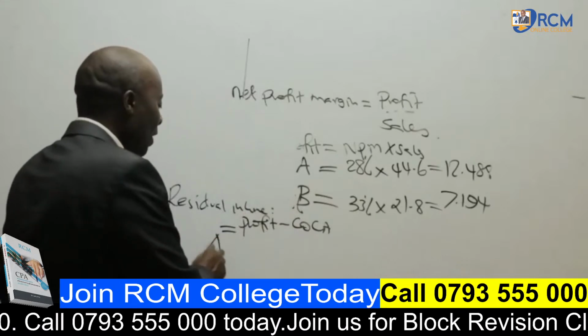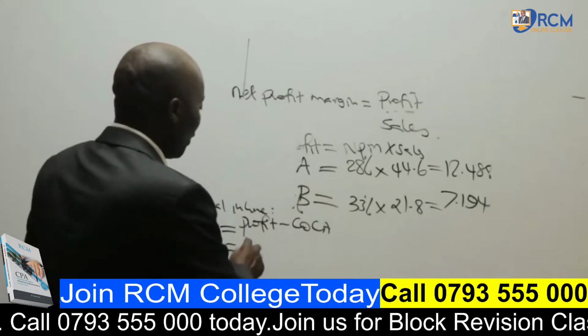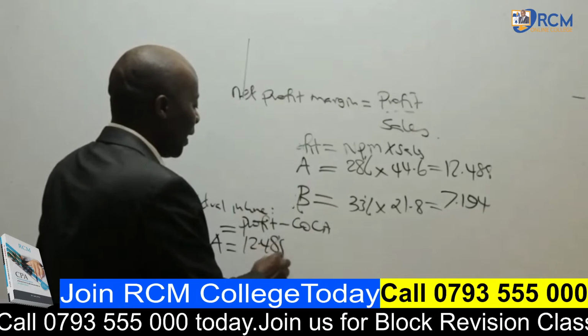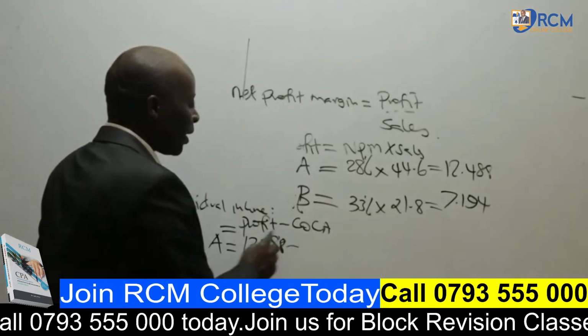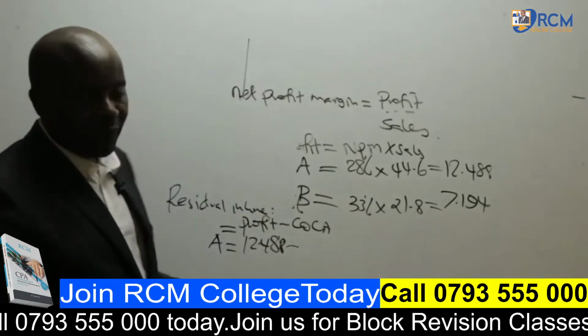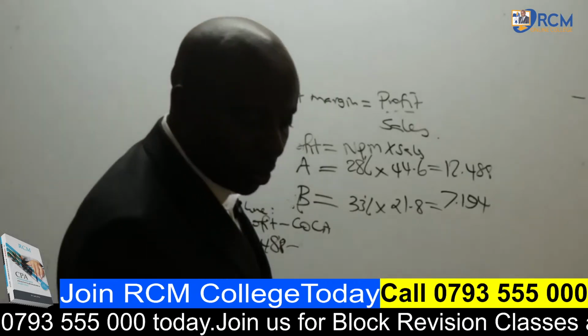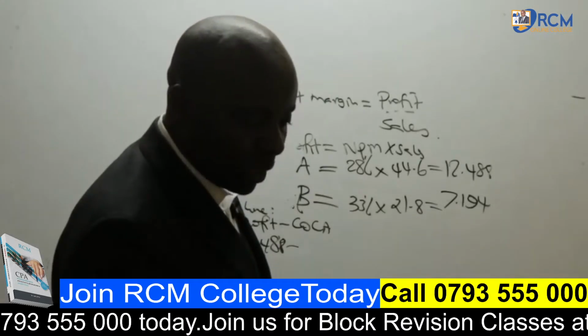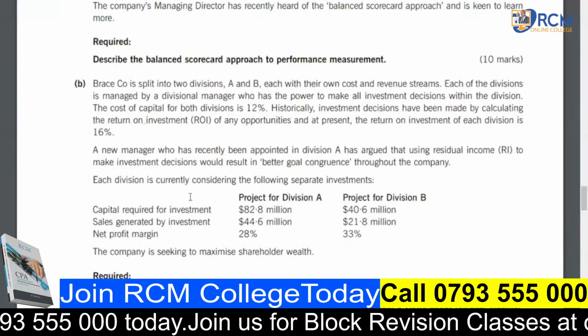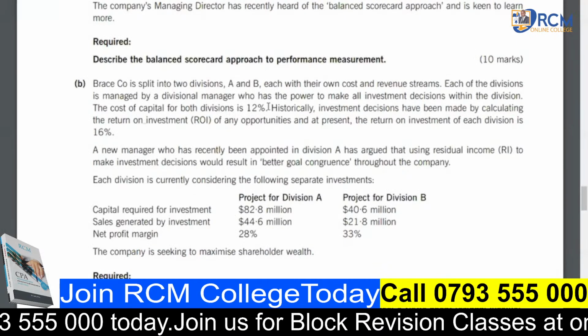So we have A, the profit is 12.488. These guys have given us the cost of capital. They told us somewhere up there that the cost of capital for both divisions is 12%.